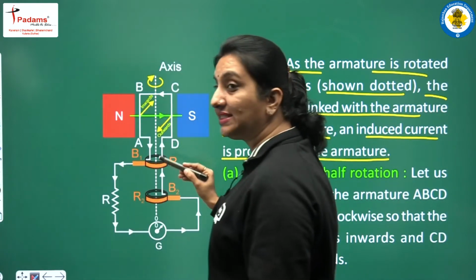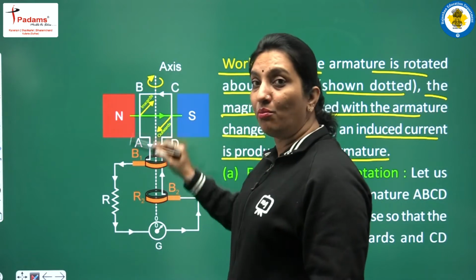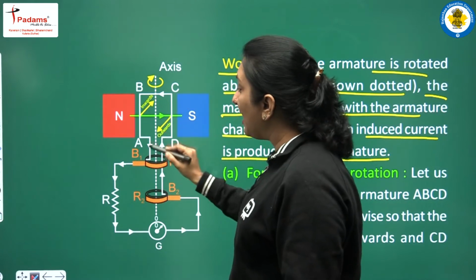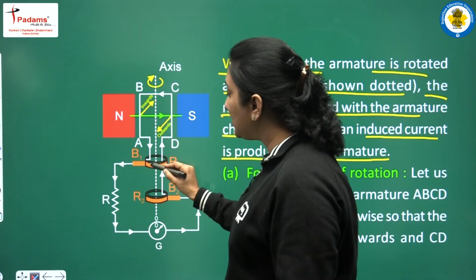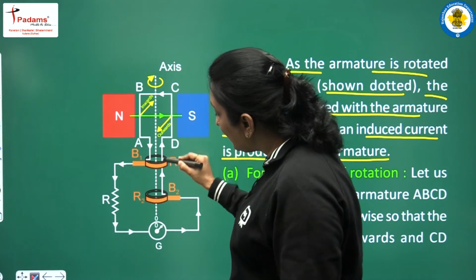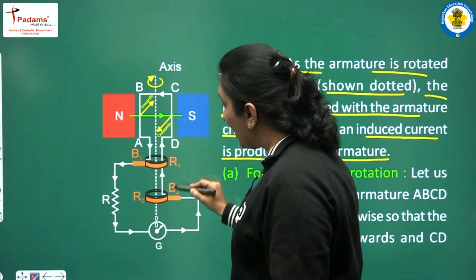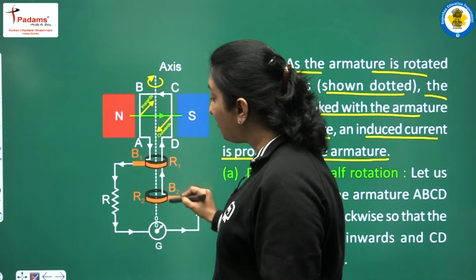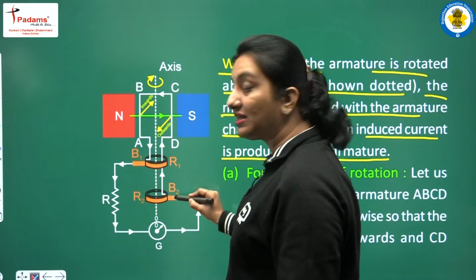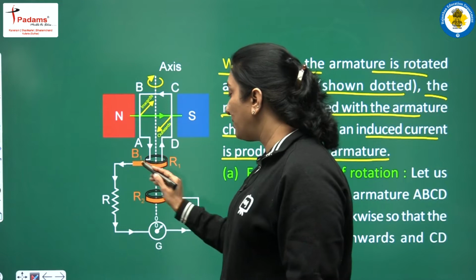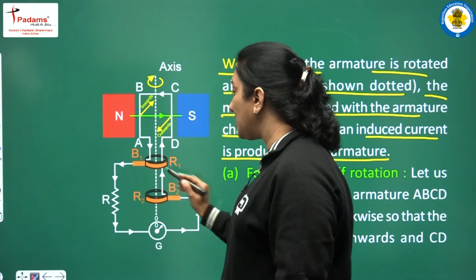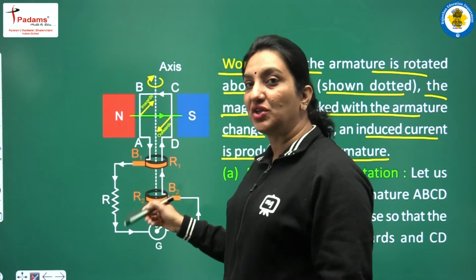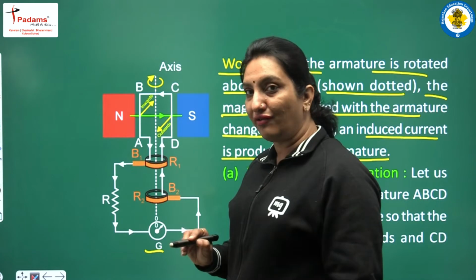Here you can see that we have made the diagram simpler, and here we have the armature coil A, B, C and D. This AB side is connected to the ring R1, the CD side is connected to the ring R2, and the brushes B1 and B2 are pressed across the slip rings, connecting to the external circuit. So, the brushes B1 and B2 are pressed along the slip rings and hence connect the slip rings with the external circuit, and here we have a galvanometer also.